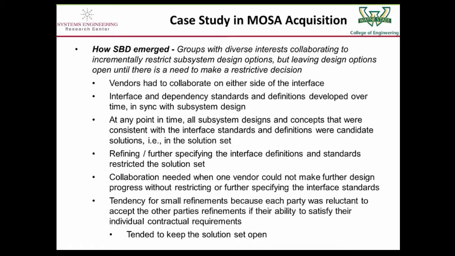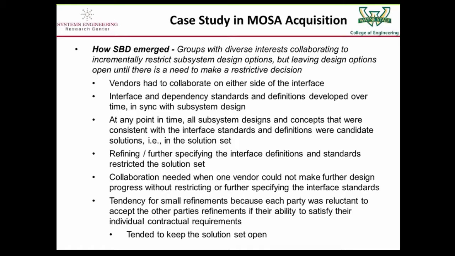When a vendor got to the point where it said, I cannot proceed further on developing my design, I've got some choices to make, but they have to be consistent. They're going to restrict the interfaces, which means there's going to be an implication for the vendors on the other side of the interface.